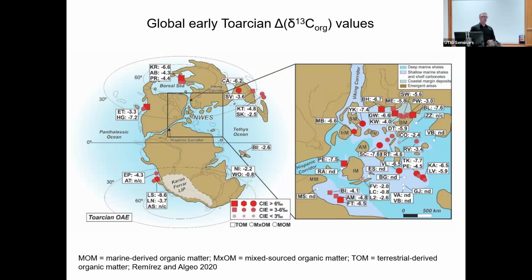And that's quite important as well, because different carbon sources, terrestrial sources and marine sources, can have slightly different carbon isotope signatures. So some of the things that I'll be saying in this talk can relate to different sources of organic carbon being captured in these sections.